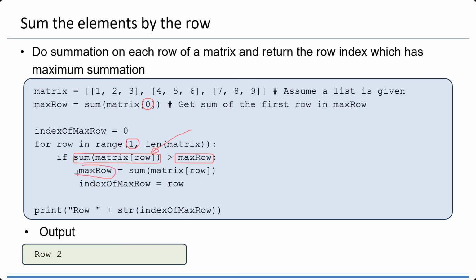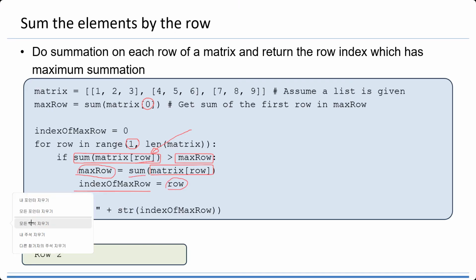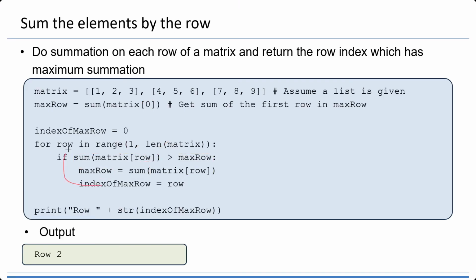Now the maximum row becomes the summation of the matrix of that row, and the index of the maximum row becomes that particular row. We can go back to this loop because this is from 1 until the length of the matrix. The length of the matrix is 1, 2, 3. So we can go to the next, which is row 2.